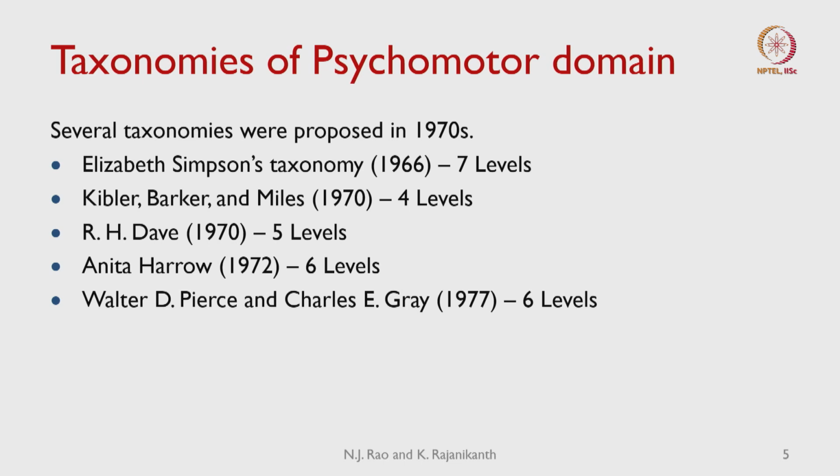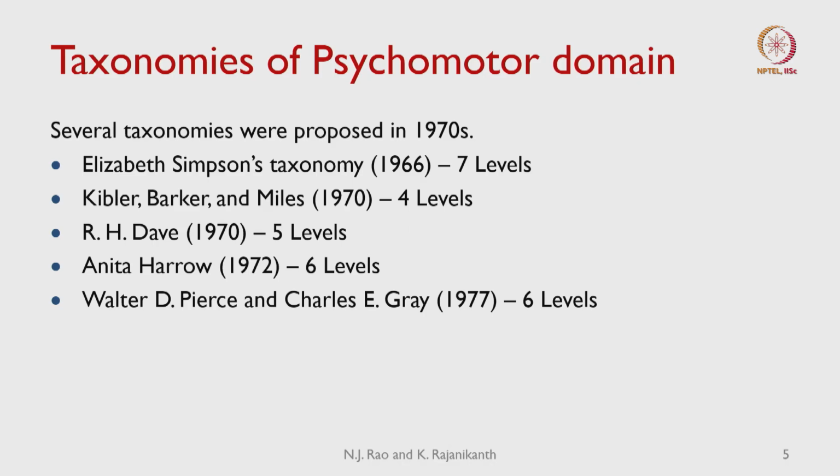You have Simpson's taxonomy offered in 1966 as 7 levels. Kibler, Barker and Miles in 1970 talked about 4 levels.